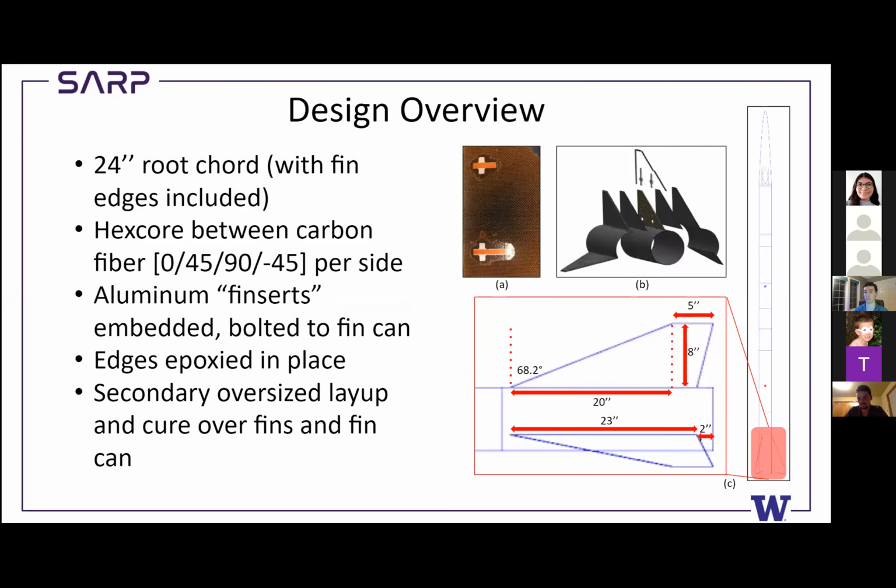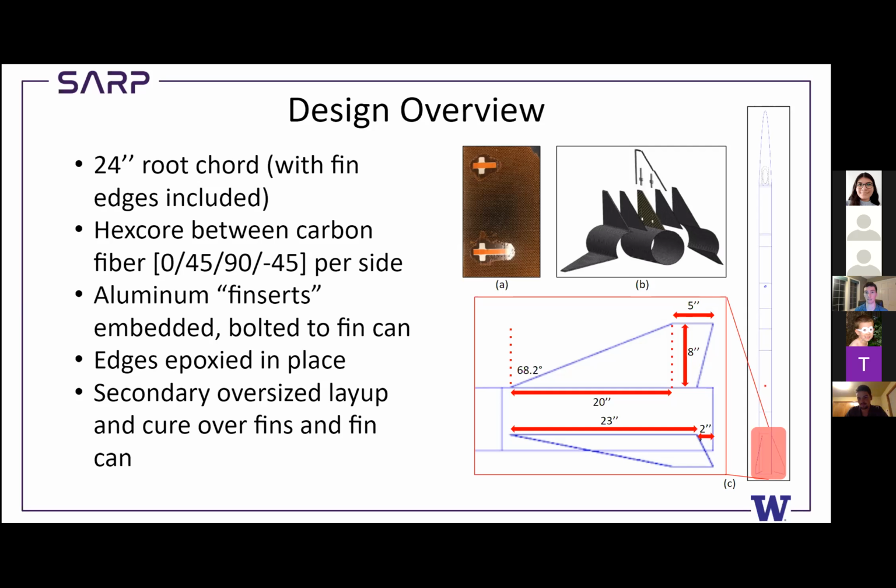Next slide, please. All right, think of this as last year's PDR crunched up into one slide here. A few things were updated for this year, however. So our fin size is going to be 24-inch on the root chord. It's only 23 in that diagram, but that's because the fin edges are not added yet on that diagram.